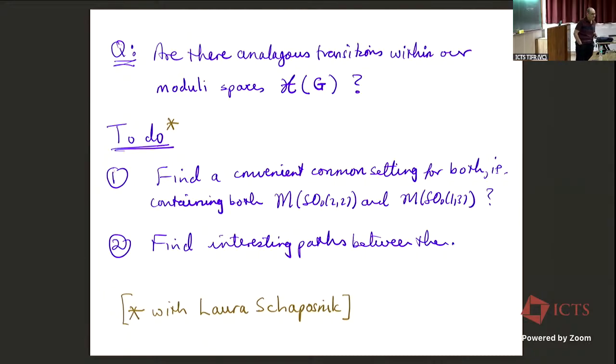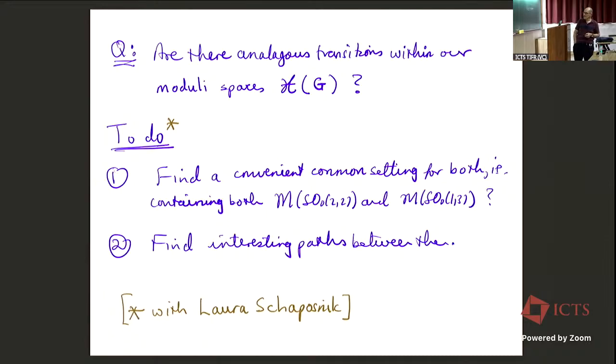Motivated by this, Laura Schaposnik and I wondered if there are any analogous transitions that you might see purely from the Higgs bundle perspective. What we're looking for is, given two moduli spaces of Higgs bundles corresponding to the two different groups, and in particular these two groups, if you want to look for a transition, you want a convenient common setting where both of these are located so you can locate the transition.